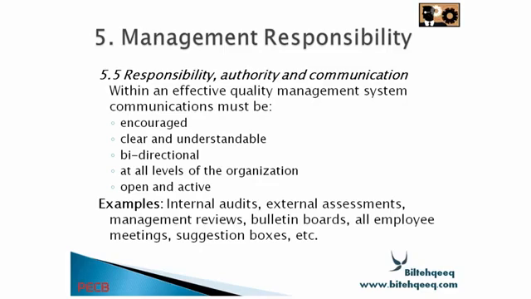If you have set a responsibility and authority of any person, it must be communicated to him and also to the other concerned persons. Internal audits, external assessments, management review, bulletin board, all-employee meetings, suggestion box: these are all examples of communication channels.